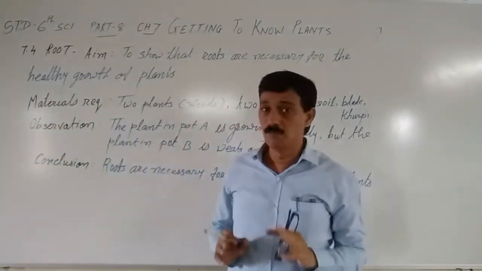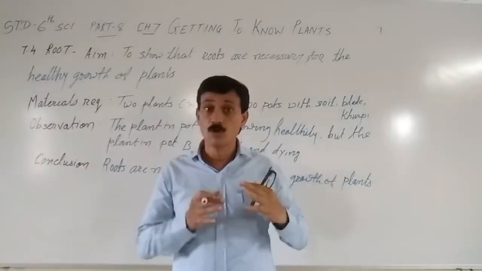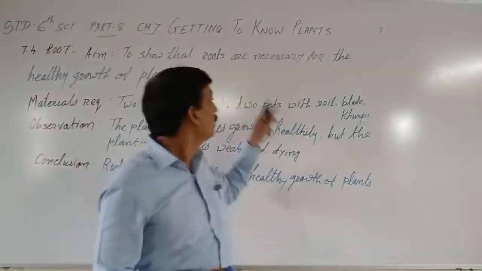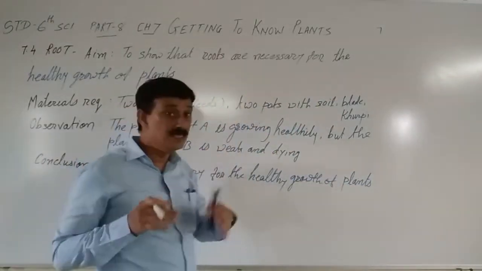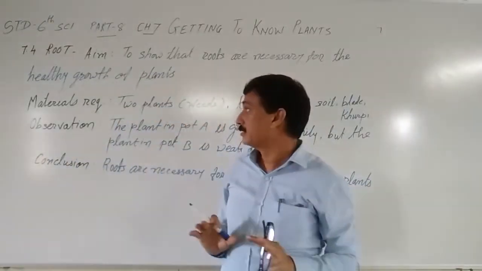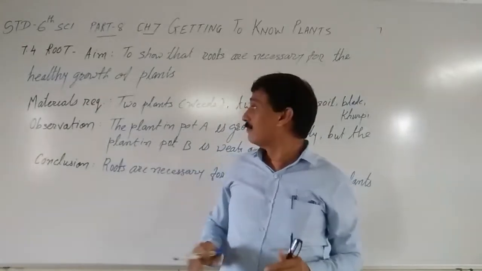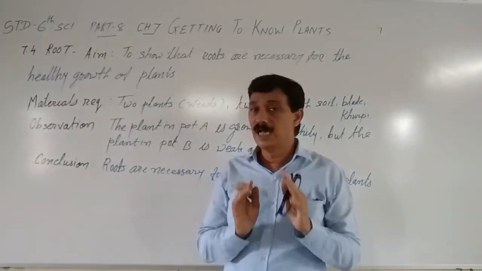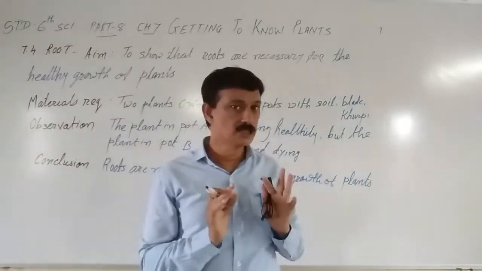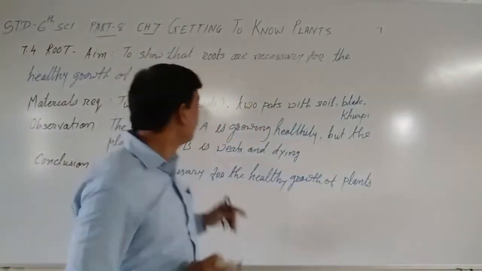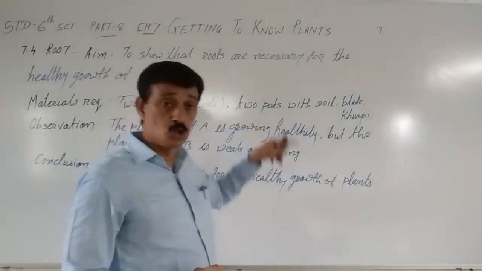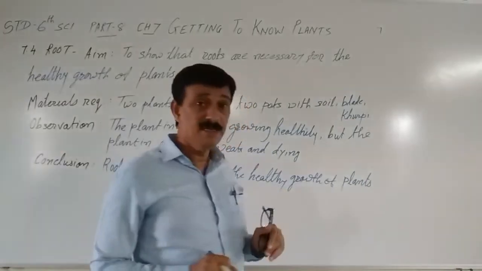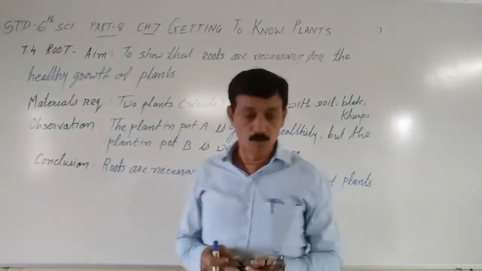Through this activity, what we want to understand is to show that roots are necessary for the healthy growth of plants. Now, materials required: 2 plants of seeds, and they should be of the same kind. Then 2 pots with soil, blade and khurpi. Then the procedure, we know what to do.